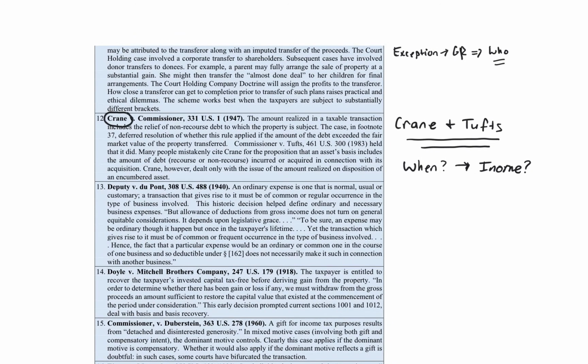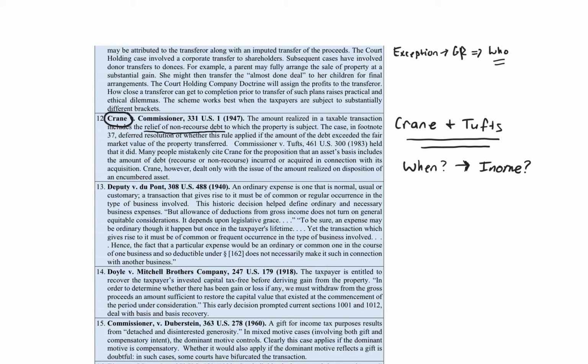So, when and the income question, okay? The issue in the Crane case is that the amount realized in a taxable transaction includes relief of non-recourse debt to which the property is subject.